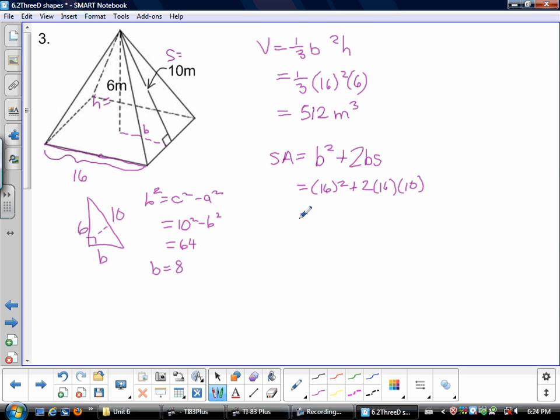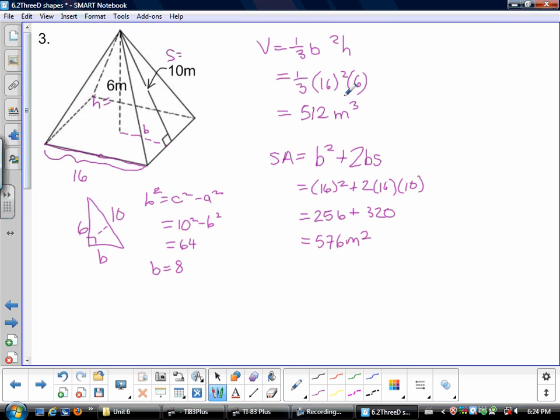Okay, so we have 256 plus 320 for a grand total of 576, and it will be meters squared because it's surface area.